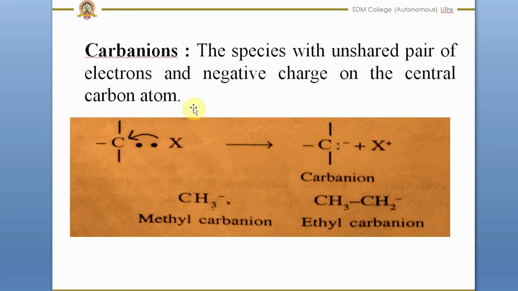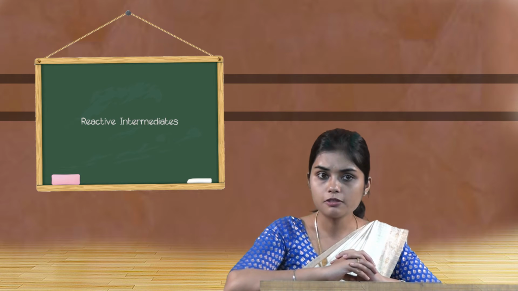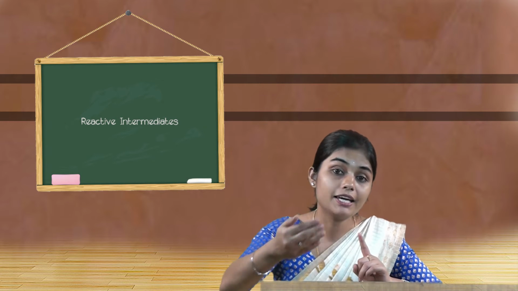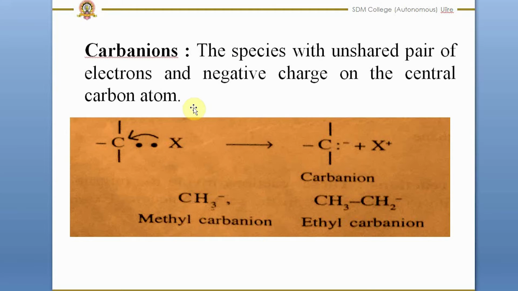It is also formed by the heterolytic cleavage of a covalent bond, but here the pair of electrons is shifted onto the carbon atom rather than the atom to which it is attached.